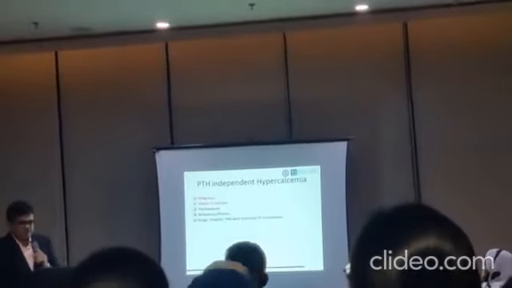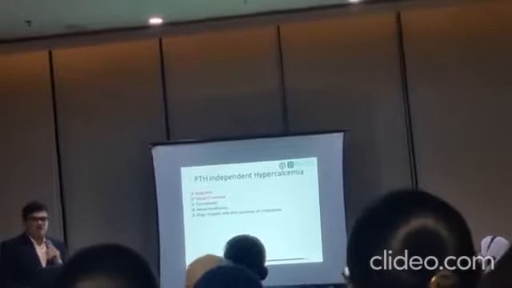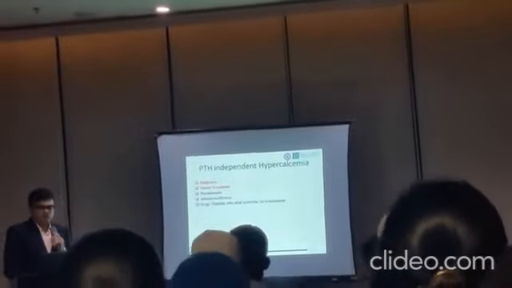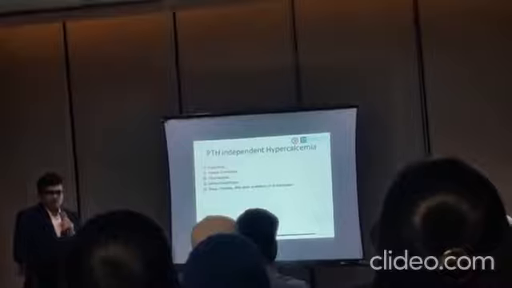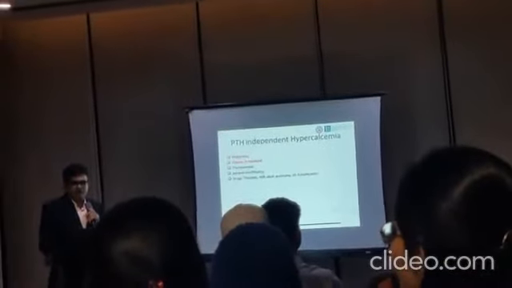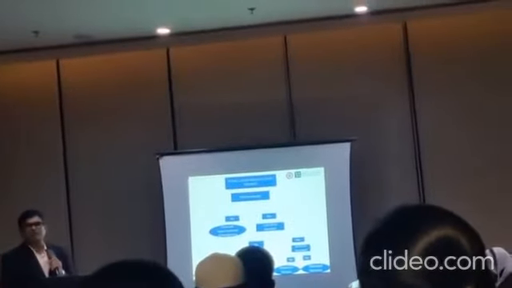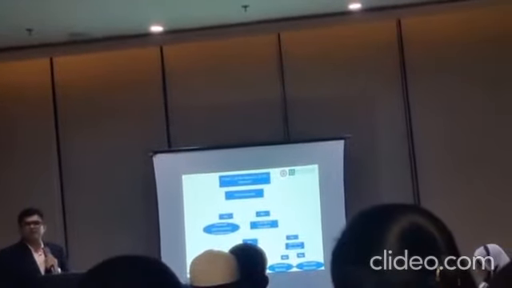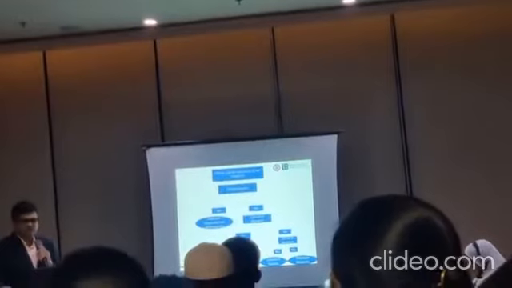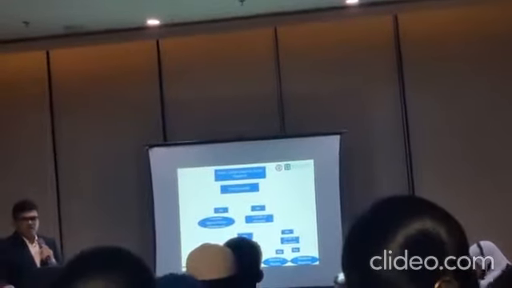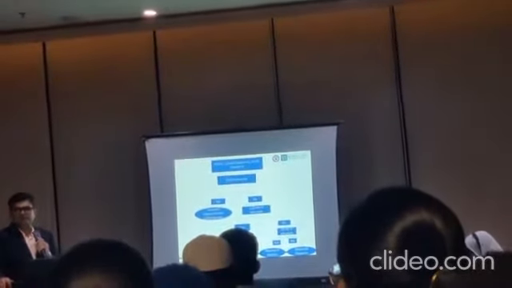Then the other is PTH independent hypercalcemia. As I already mentioned the core etiology, I will go to the approach of PTH independent hypercalcemia. As I mentioned, we have to do some investigations like 25-hydroxy vitamin D, 1,25-dihydroxy vitamin D, and phosphorus and alkaline phosphatase.